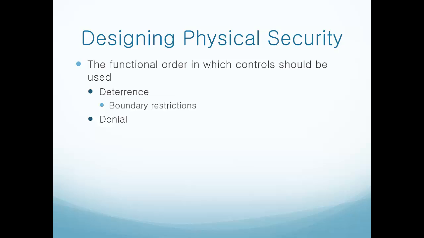So something like locked vault doors could be an important mechanism to deny access to the facility. And then if that fails, now we want to know at least what's going on in our facility. So that's what we mean by detection. So something like a motion sensor will help us detect any intrusion attempts.